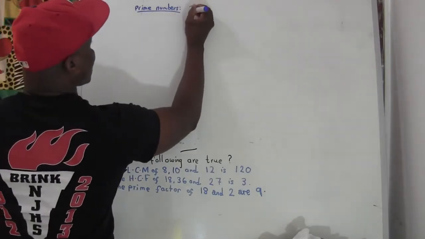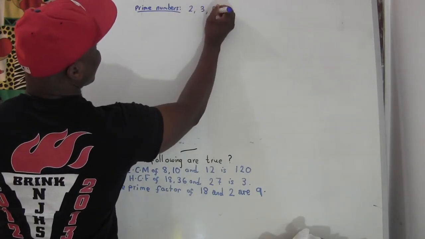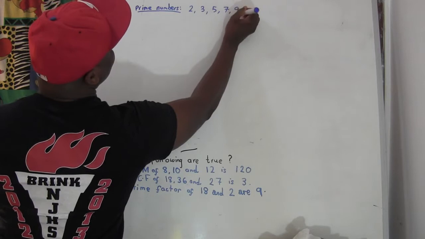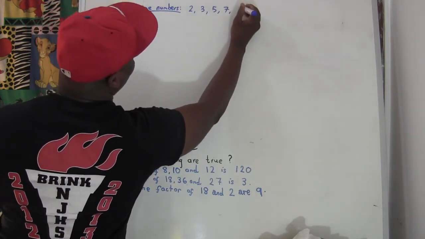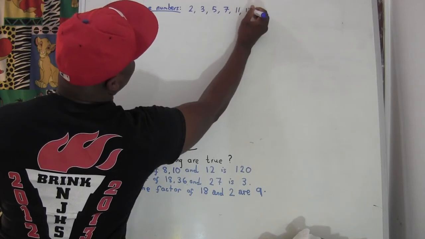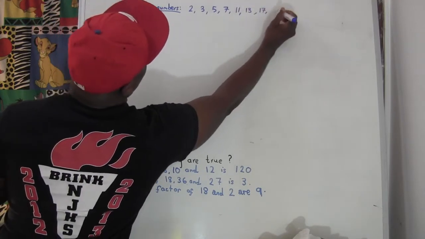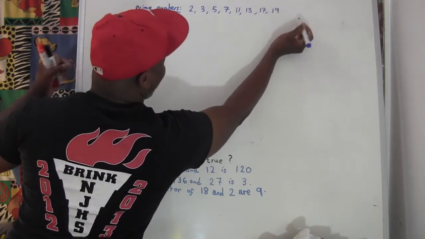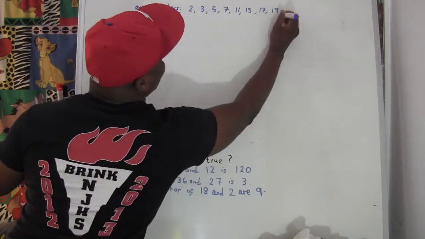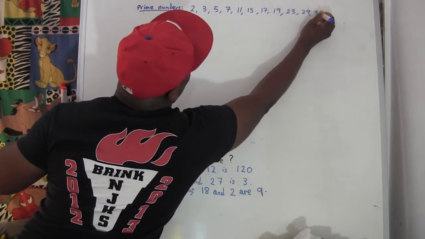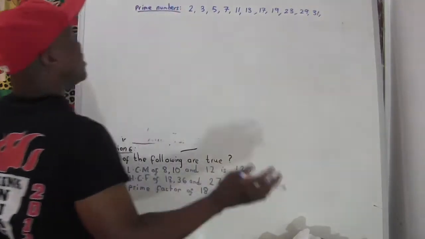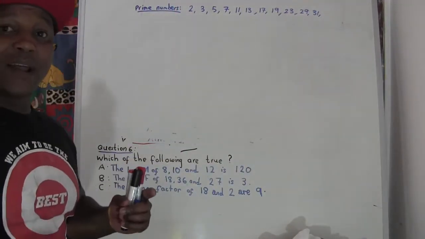And these are 2, 3, 5, 7, 9, 11. No, 9 is not, because 9 can be divisible by 3. Only itself and 1. We go 11, we go 13, we go 17, we go 19, 21, no, because 21 can be divided by 3. You go 23, and then you go 29, and then you go 31, and so on. So these are prime numbers.